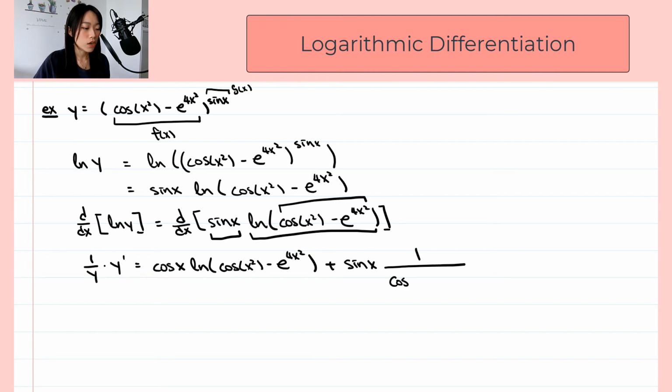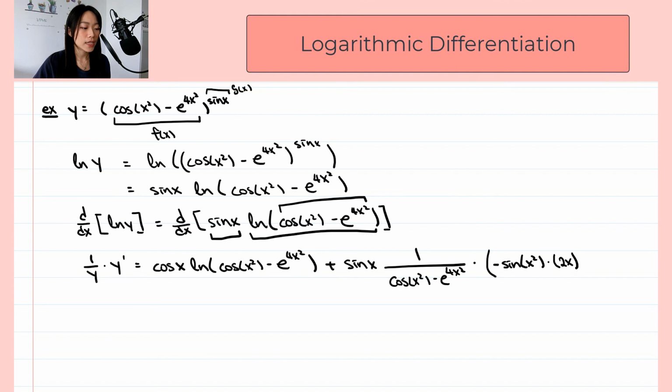So 1 over cosine of x squared minus e to the power of 4x squared times derivative of the inside function. So the inside function we have cosine of x squared, which is cosine of an inside function where the inside function is x squared. So this equals negative sine of the inside function, x squared, times derivative of x squared, 2x.